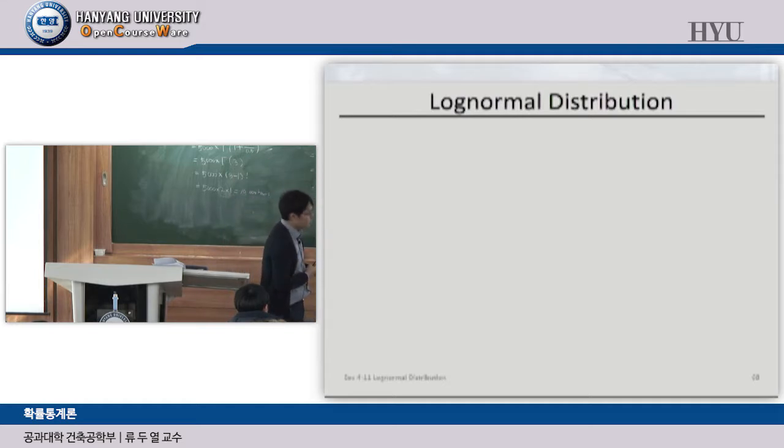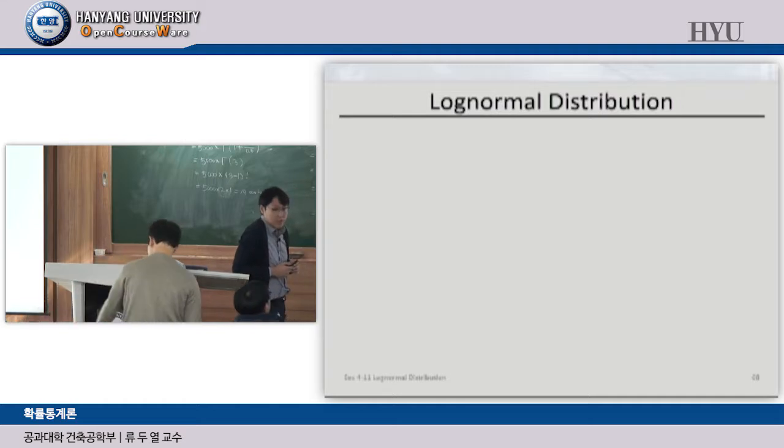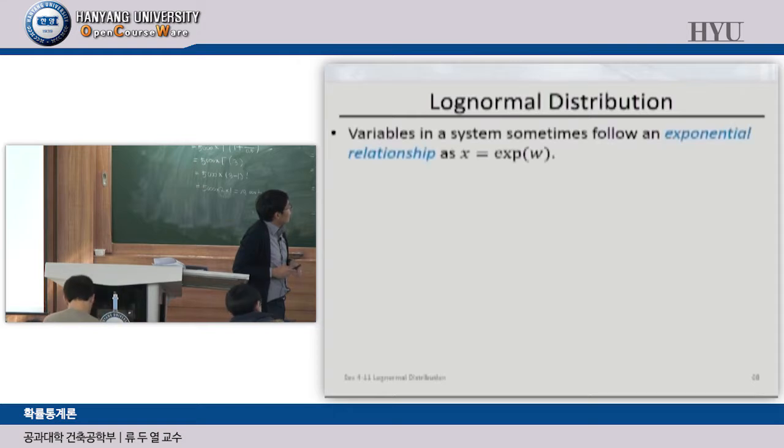And this is the last part of chapter 4. This is about the log normal distribution. The variables in a system sometimes follow an exponential relationship as x is equal to exponential w.